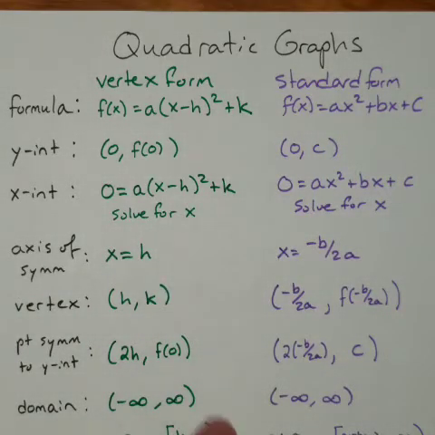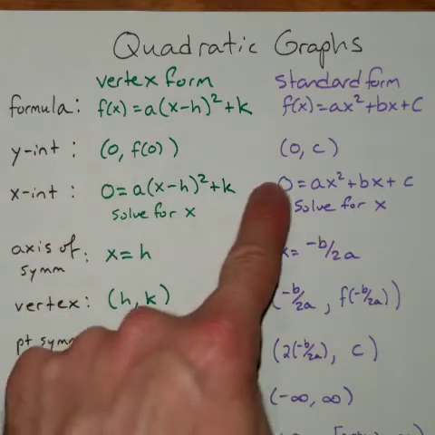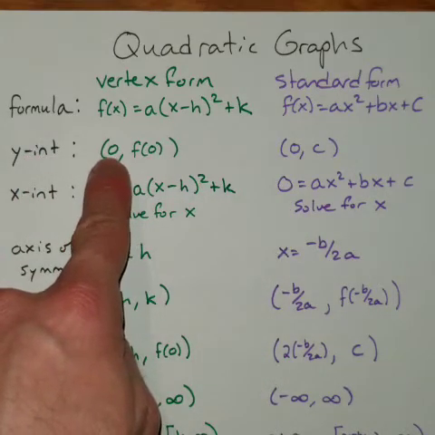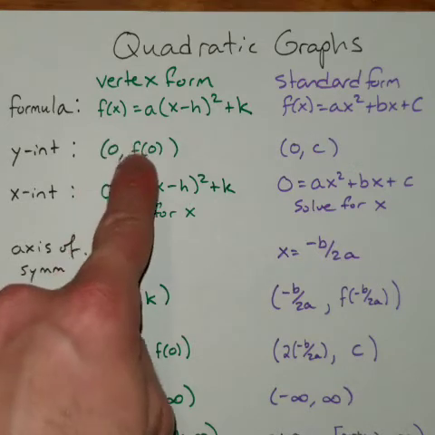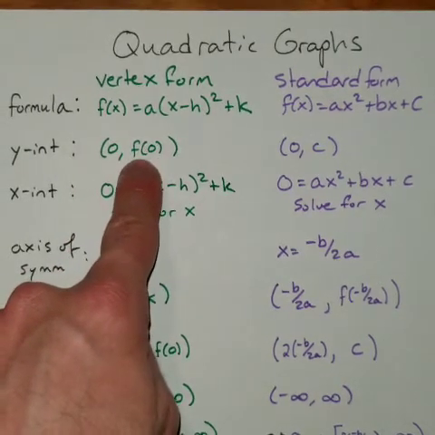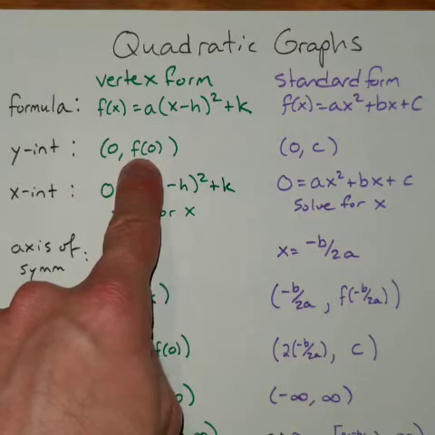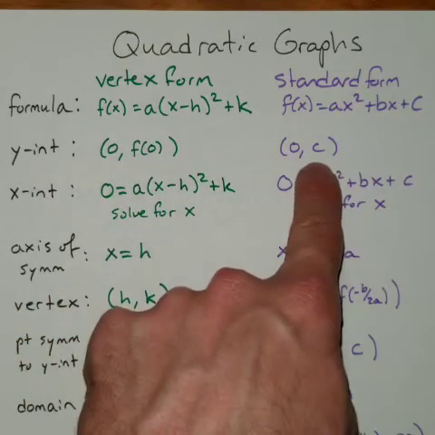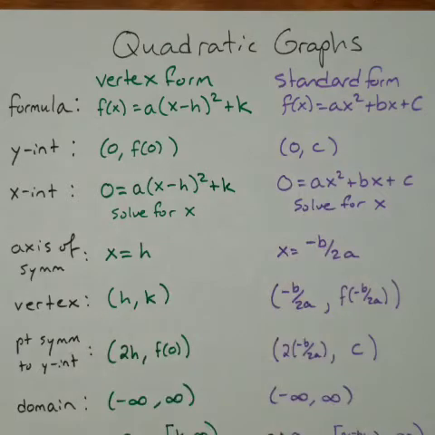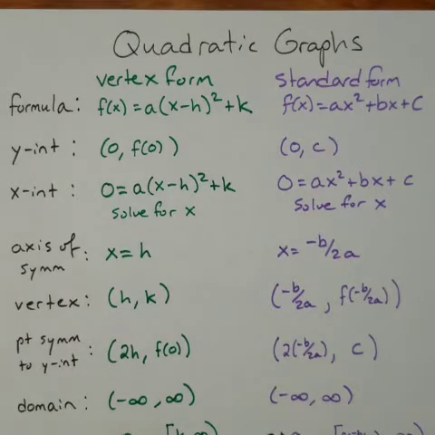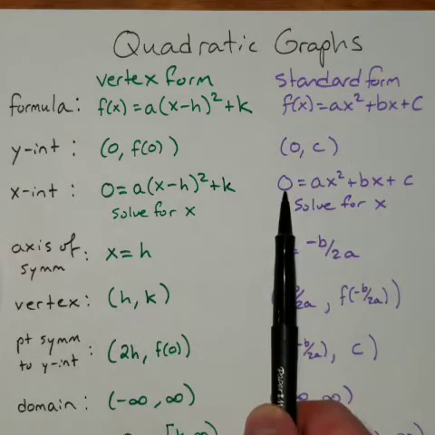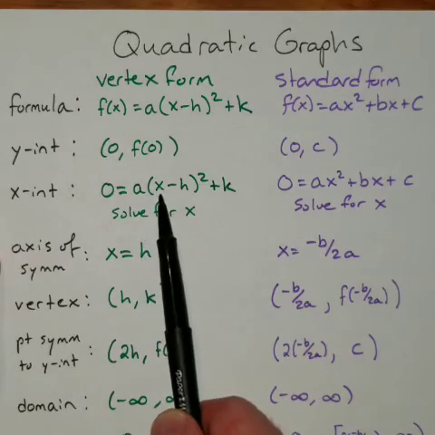Okay. To find the y-intercept, in each case you just plug a 0 in for x. And for the vertex form, the y-intercept is whatever you would get out after doing that. In the standard form, when you do that, you always just get the c out, so you just use (0, c) there. For the x-intercept, we plug the 0 in on the left side, on the f of x side of the equation, and then solve for x.